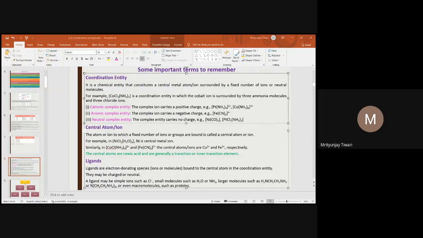The stabilization of a coordination compound due to chelation is known as the chelate effect. As I said, chelating complexes are more stable, and the stability we see because of chelate formation is called the chelate effect.